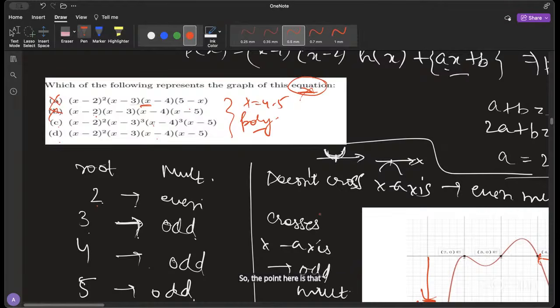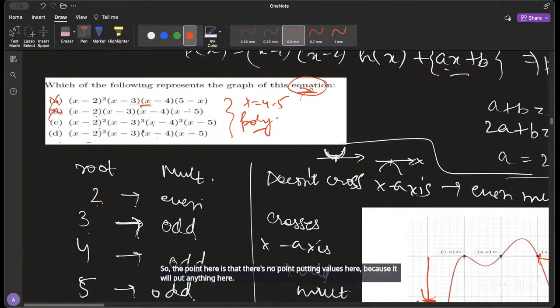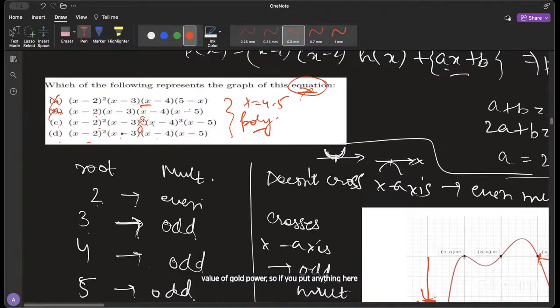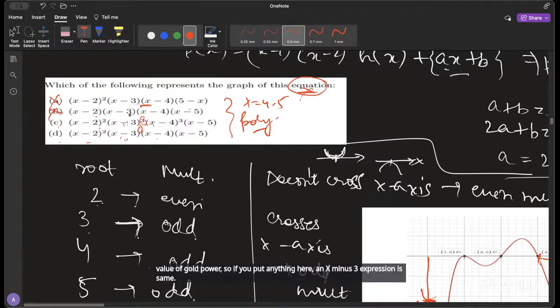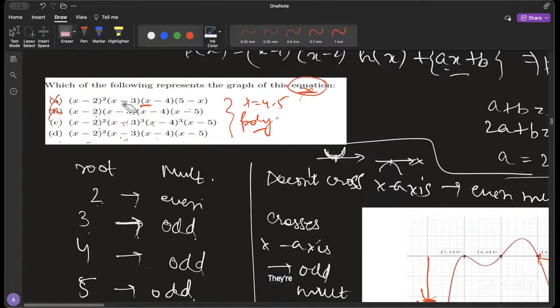There's no point putting in values here, because these factors are the same and this is an odd power; here also you have an odd power, and there you have an odd power. So if you put in anything, the x minus 3 expression is the same, and you're going to get the same sign. If x minus 3 is minus 2, then minus 2 cubed and minus 2 to the power 1 are both negative. That's why the sign is not going to change for these two expressions at any point.